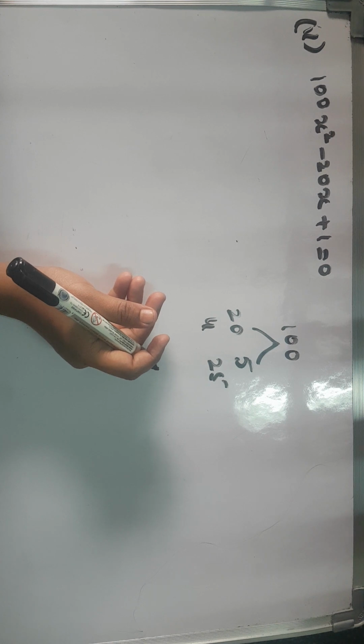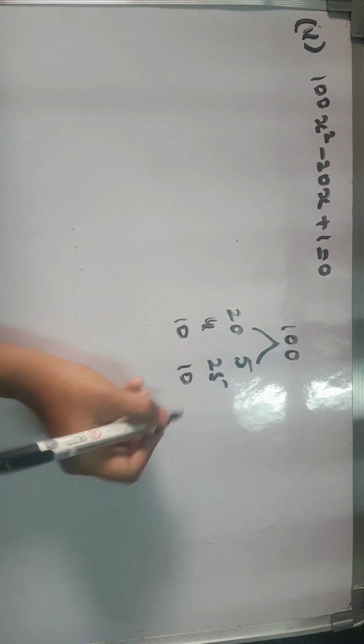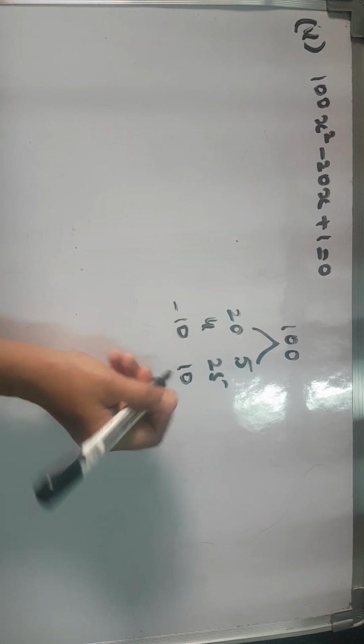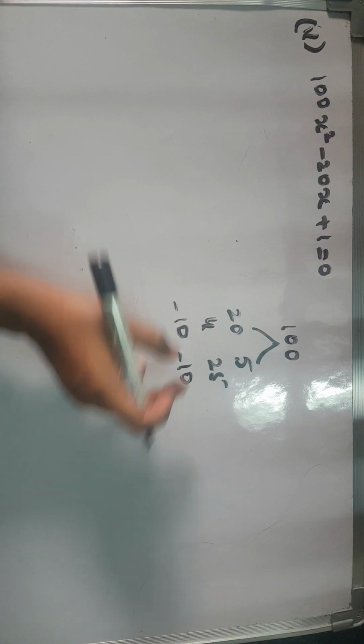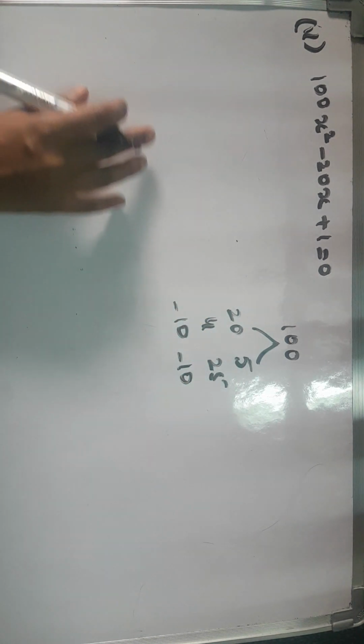And 10 tens are 100, so take minus 10 and minus 10; minus 10 into minus 10 gives the value minus 20.